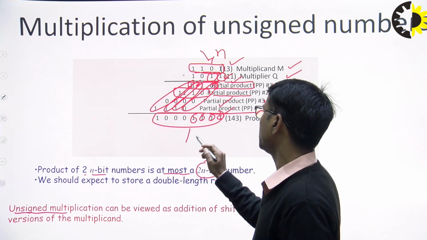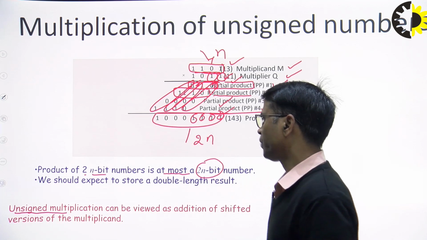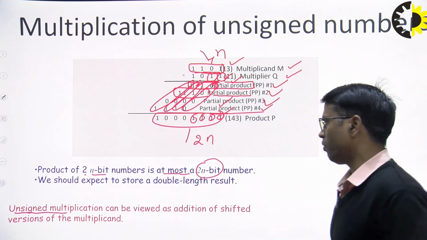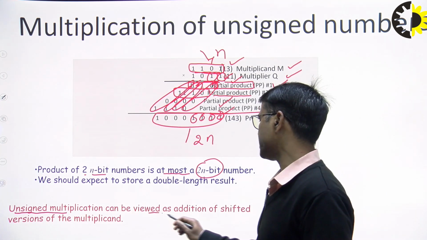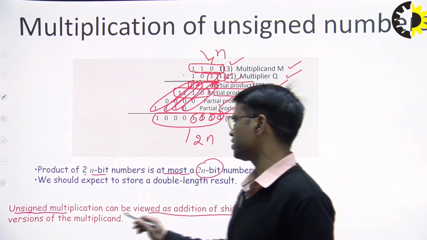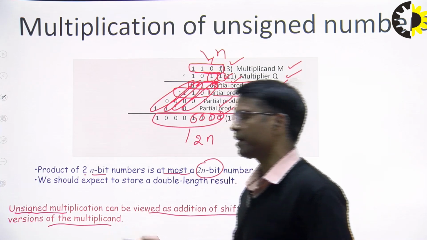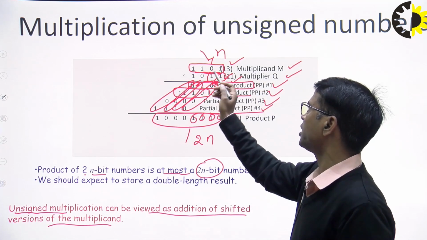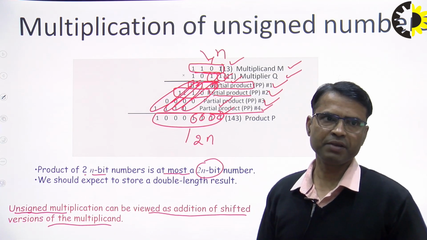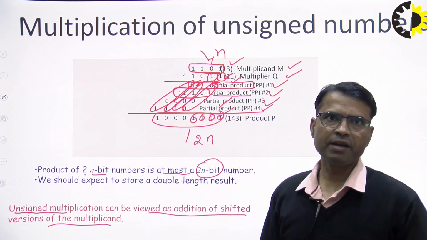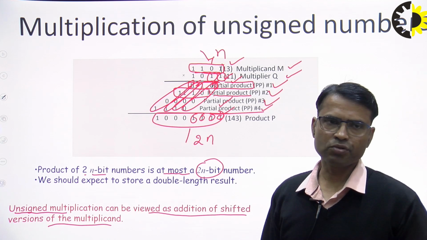In general, unsigned multiplication can be viewed as addition of shifted versions of the multiplicand. Basically, we are shifting the multiplicand and adding it one by one to the previous partial product. This we have done in the paper and pen approach.